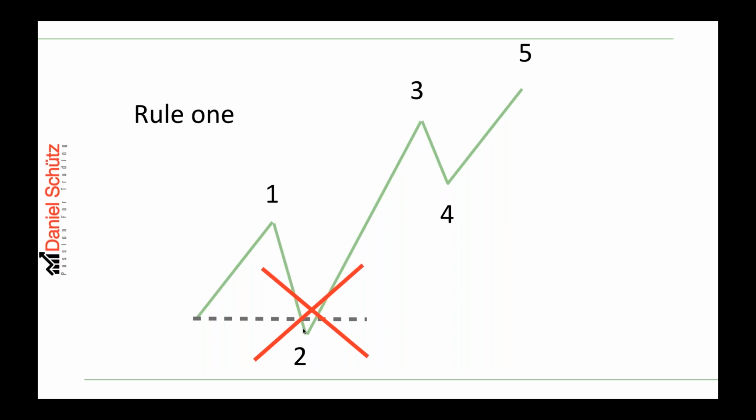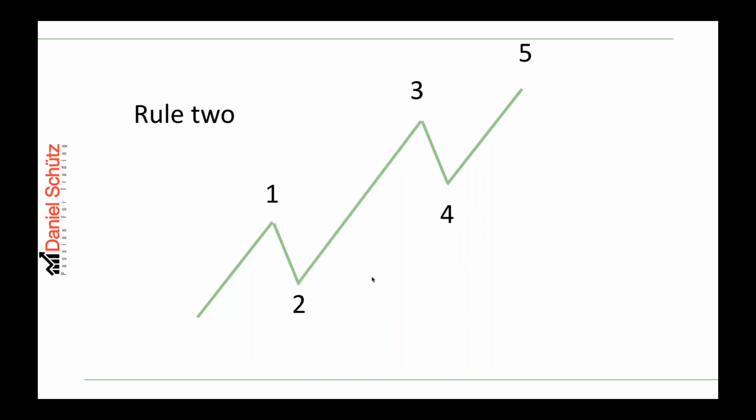Then this was not a wave 1, and we're not in an impulse wave. Maybe we're in a corrective wave then. And so this rule helps us very much in money management, in trading setup, and in finding our trading idea with Elliott waves.